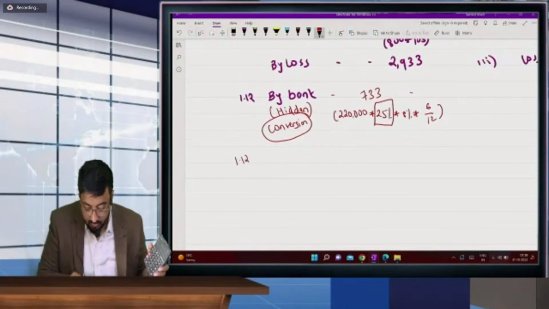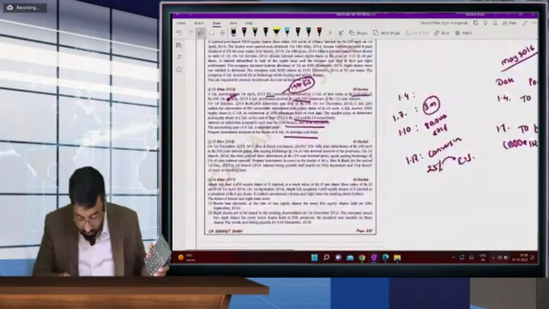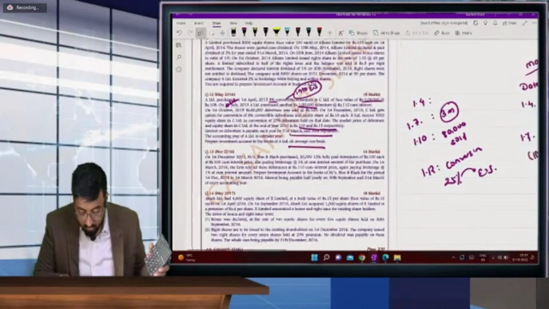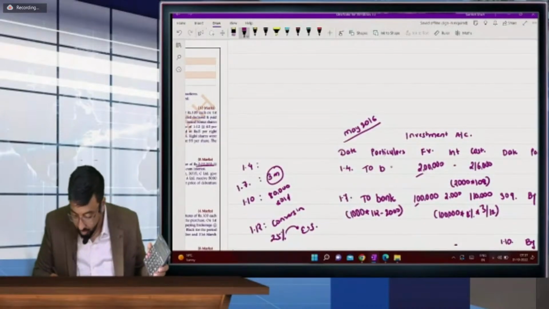And you are asked to prepare. Balance sheet date is not important. Here it is to bank. Here also I made a mistake.